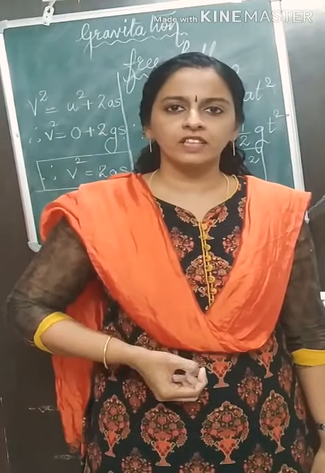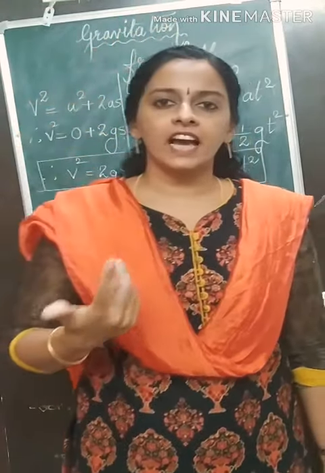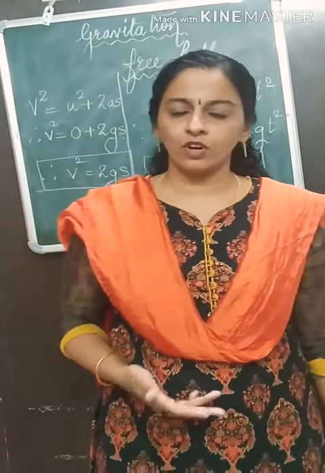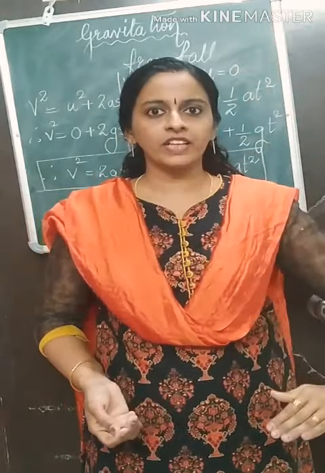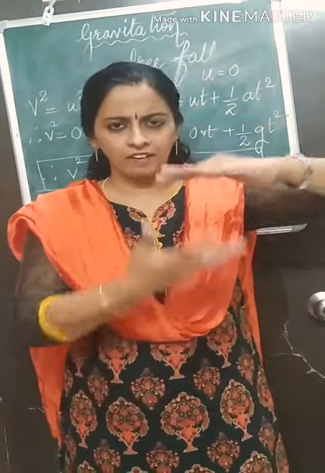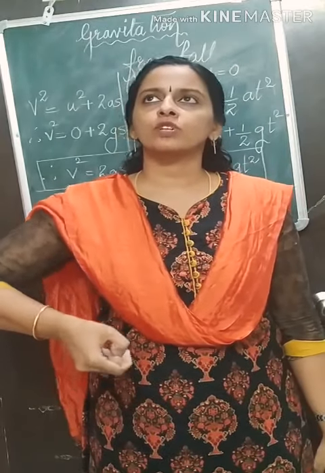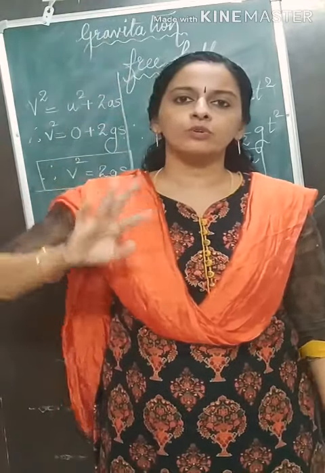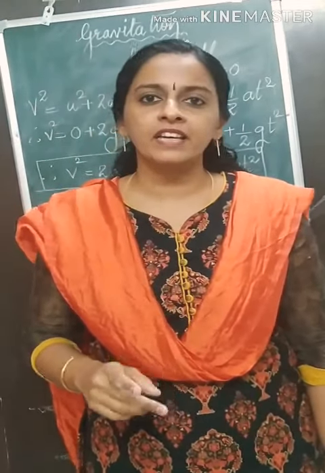Whenever the object is thrown vertically upward, you will write the acceleration to be negative, or minus g. For an object falling in the downward direction, it is acted upon by the gravitational force, so that time it will be g, whereas when the object is thrown vertically upwards, you are doing work against gravity, so you will write g as minus g.